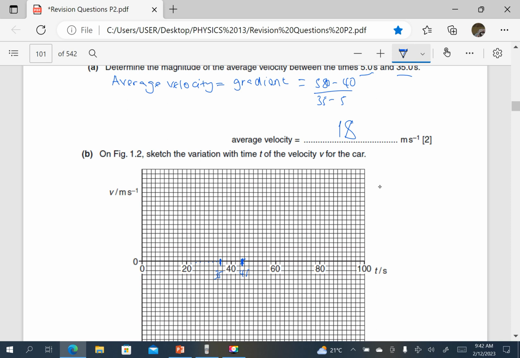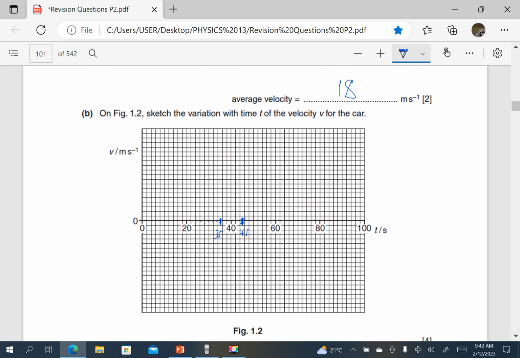It crosses the x-axis. Then at a point closer to 60, around 54, the graph reaches a maximum, a constant value. So we shall sketch this.